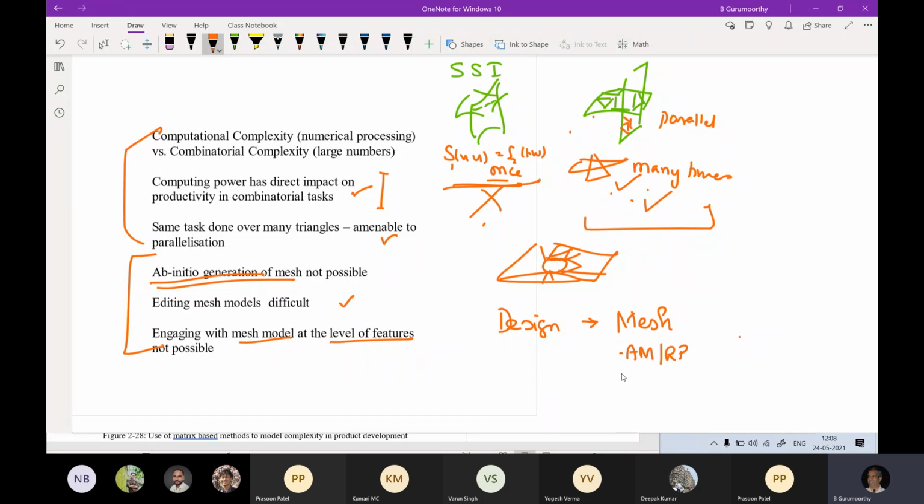That's one application. The second application could be visualization and animation. And the last, of course, is machining. So in all of these, the mesh becomes a more useful tool.